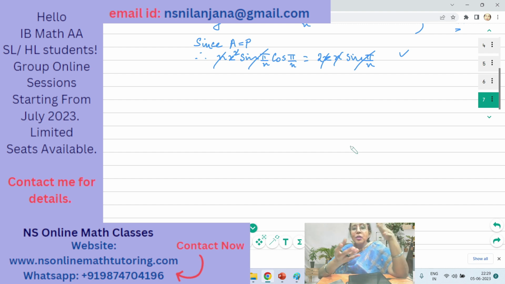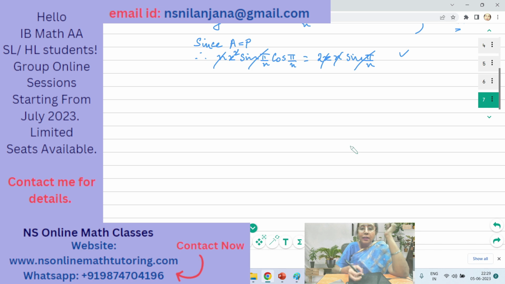It is x times cos pi by n equal to 2. Then what do we do? What should we be getting out of this equation? Or should we be substituting something in this equation? What should be our next step?